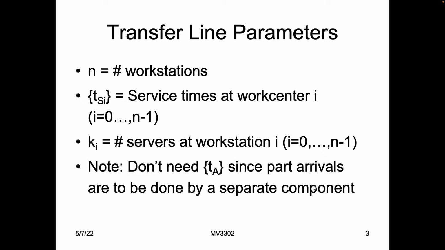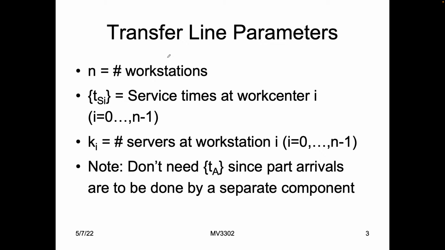Okay, so the parameters are going to be the same as for the transfer line. And again, you don't have to write all this down, because the slide is in the upload thing. Just as with the multiple server component, the transfer line component has everything except for the interarrival times.